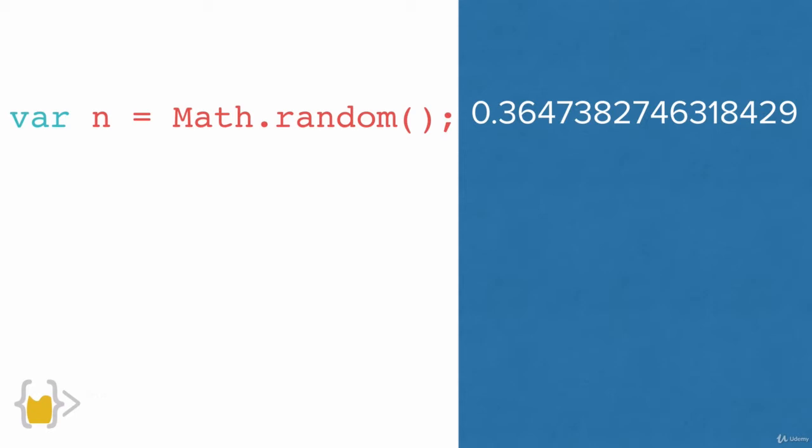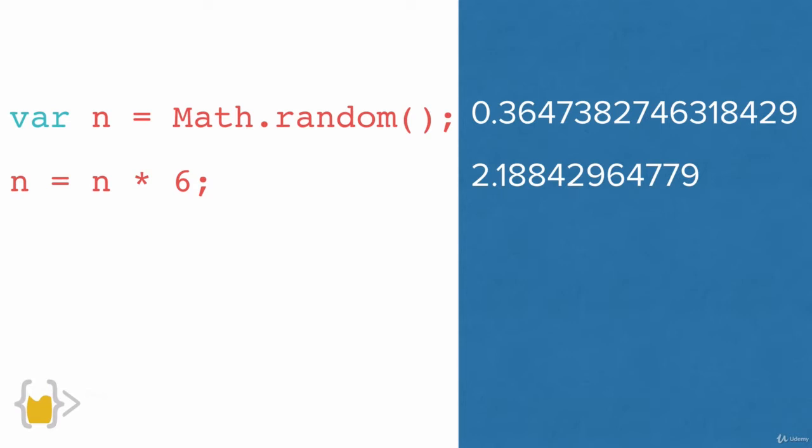Now say that in this case we get 0.3647 etc etc. Now say we were trying to simulate a dice roll, so we have 6 possibilities. When we roll a dice we get any number between 1 and 6, right? So how do we take this random number that we get from Math.random and turn it into a number between 1 and 6? Well, we could first multiply it by 6, so we get 2.188.